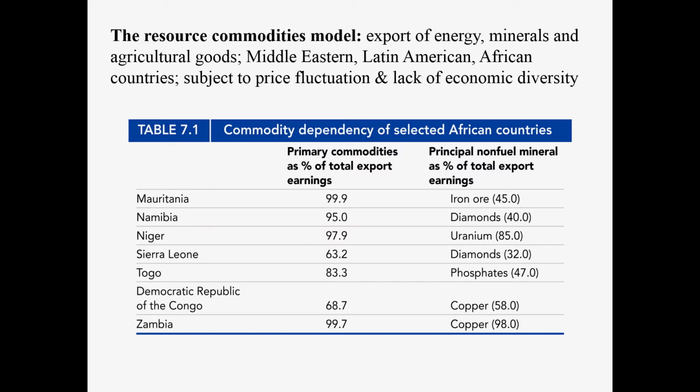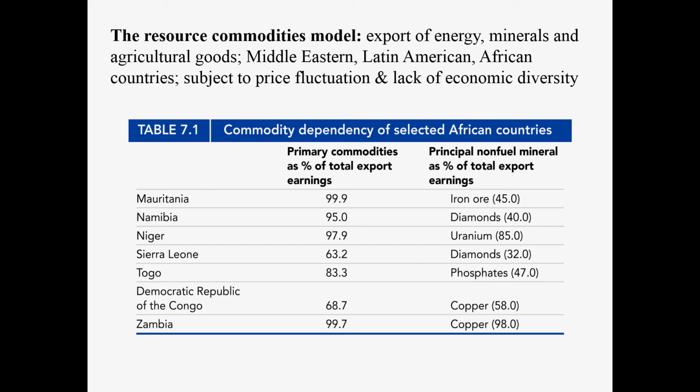Specific countries involved are the Middle Eastern countries, Latin American countries, African countries, and also today Russia. You can really see on this slide that some countries have a very high concentration of one or two products in the entire export of the country. So these countries probably sell just one or two major products to the world market as a major source of income.